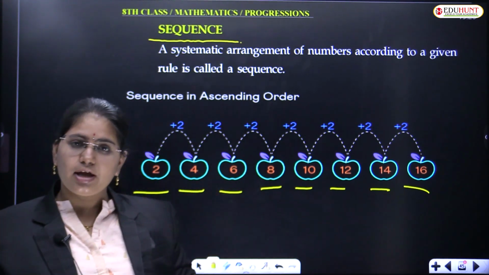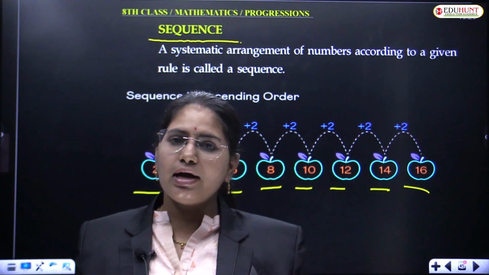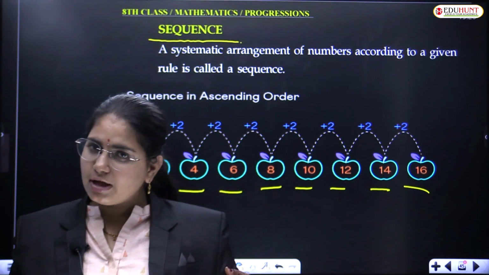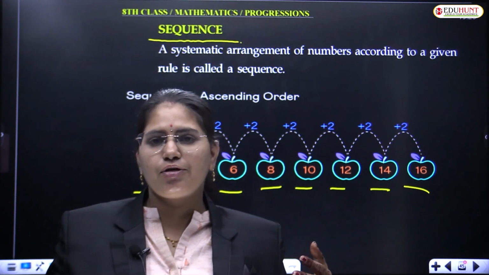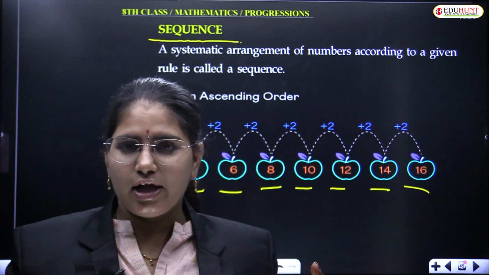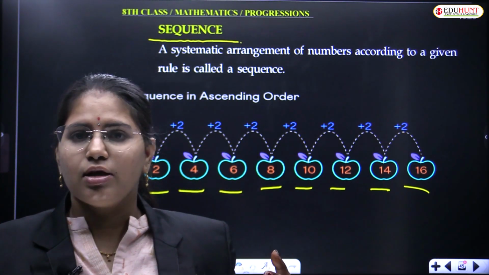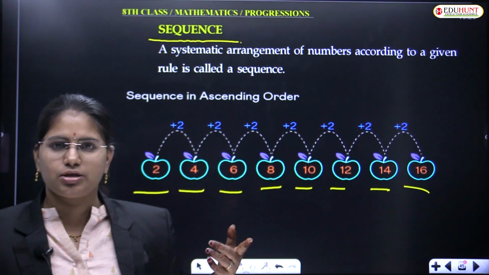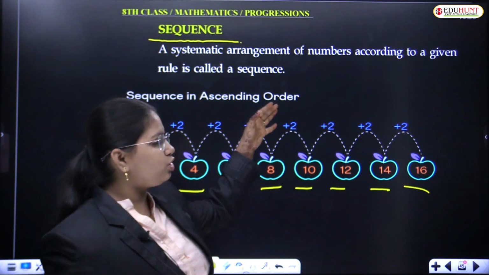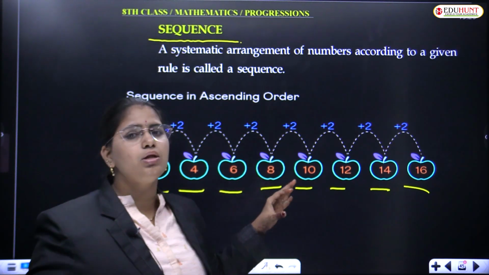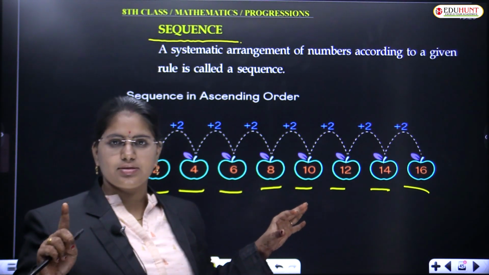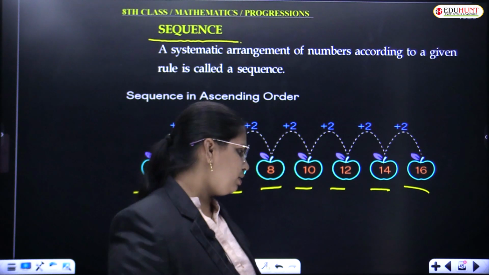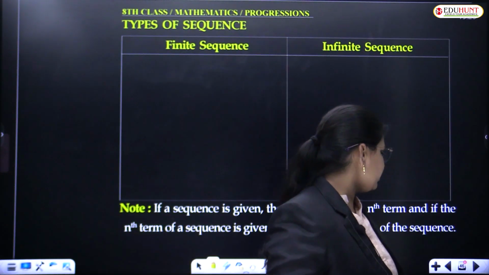Sometimes you may subtract, sometimes you may add, sometimes you may multiply. Any pattern which is followed, with terms arranged in a systematic way, is a sequence. A systematic arrangement of numbers according to some rule is nothing but a sequence. Clear? Let's begin with the next.